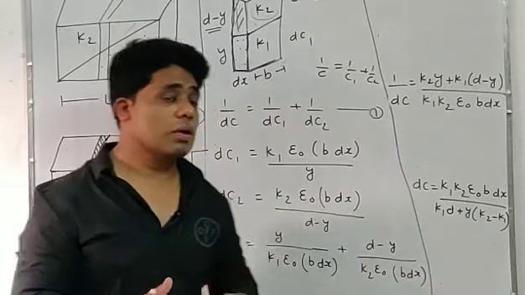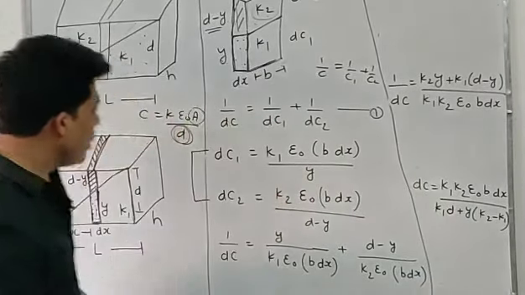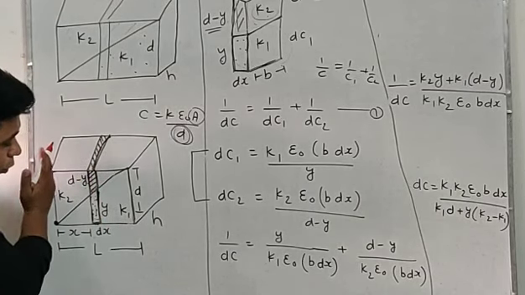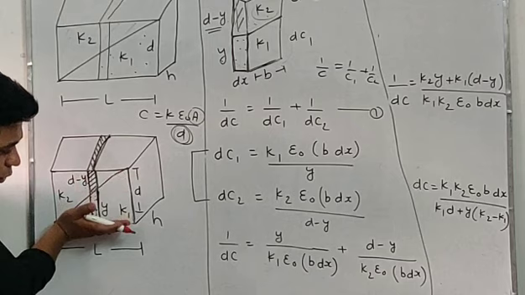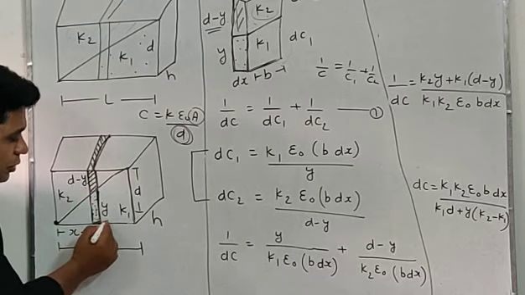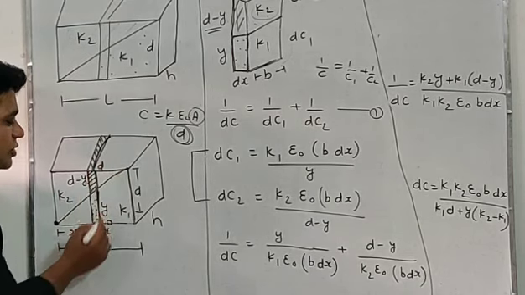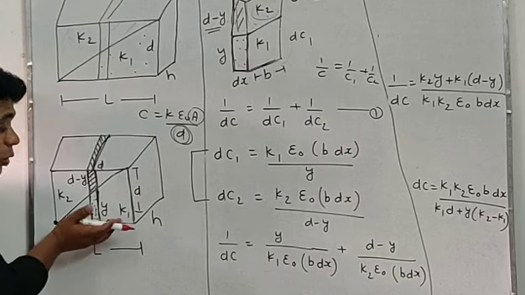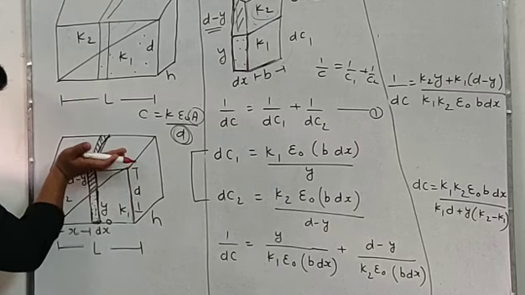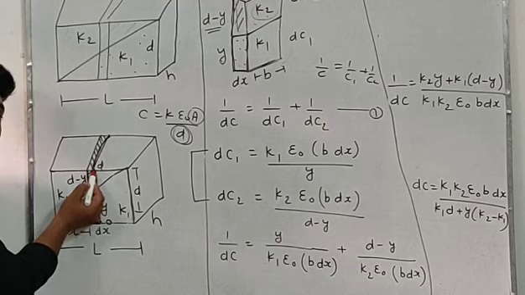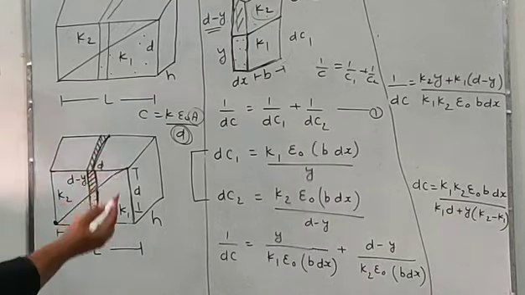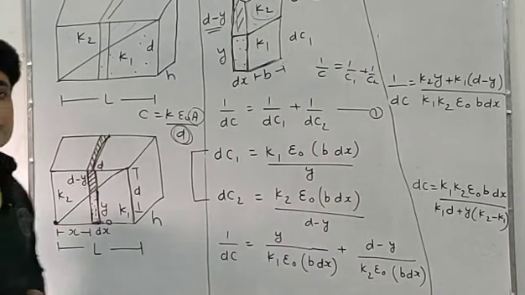So what did we find? This is the capacitance of only this small segment, but we have to find the total capacitance. We have to find the total capacitance from 0 to this distance d. Suppose this is the 0 distance. We'll calculate the capacitance of all the capacitors that lie between 0 and d, and that will be the total capacitance of this system.